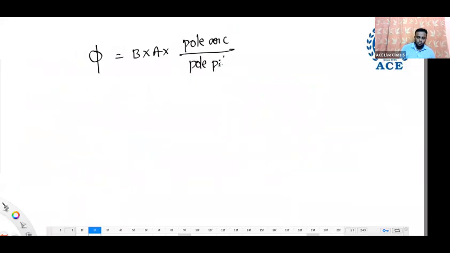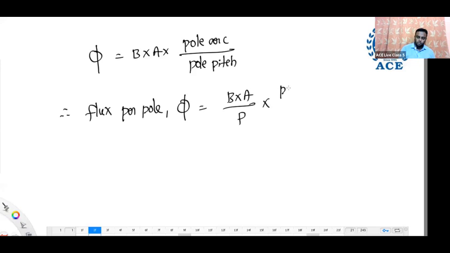This value will give the total poles, but we need per pole. Therefore, flux per pole is phi equals B into A divided by number of poles into pole arc to pole pitch.